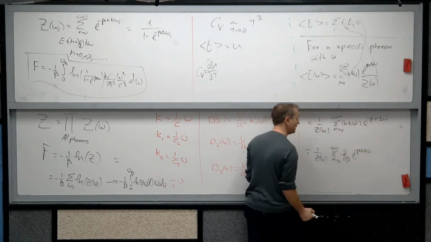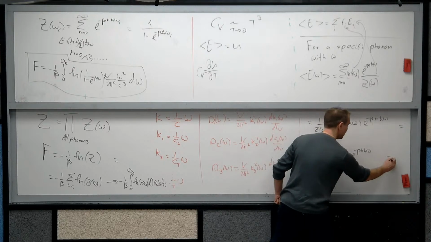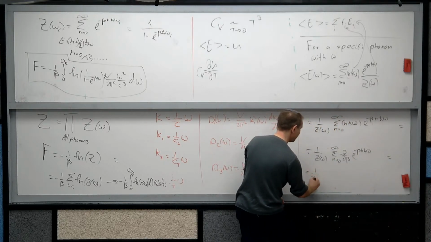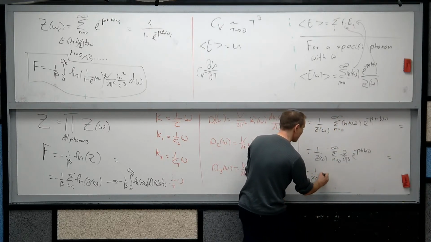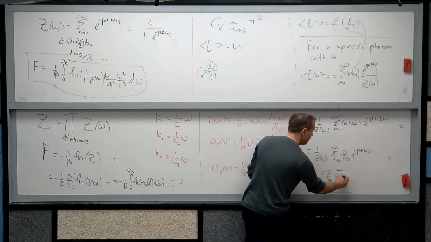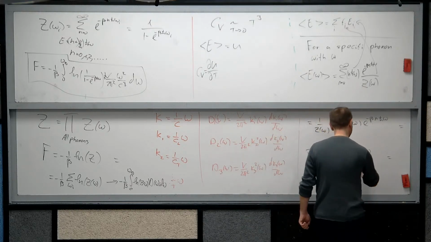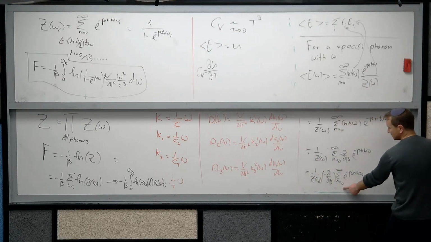minus d over d beta of e to the power minus beta n h bar omega. We take minus d over d beta out, and we have 1 over Z of omega, minus d over d beta, and here we have a sum n goes from 0 to infinity of e to the power minus beta n h bar omega. And this is Z of omega.